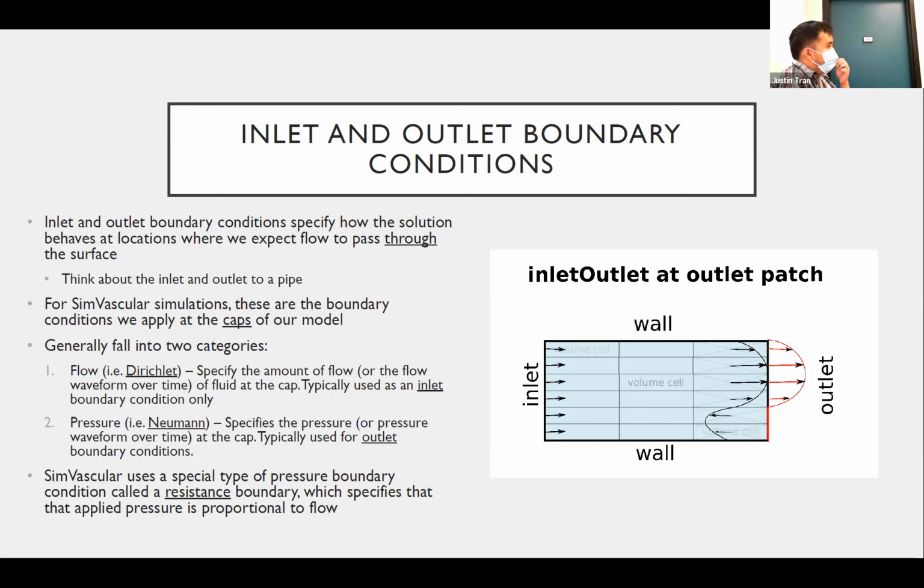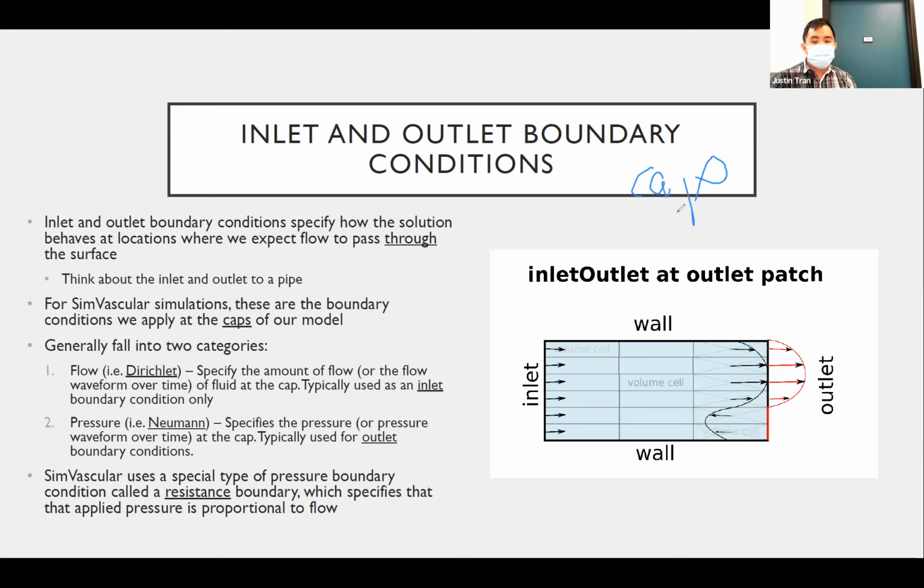SimVascular makes this really clear for you. If you remember, when you did your modeling step in your midterm project and you looked at your list of faces, SimVascular classified your surfaces as either a cap or a wall.